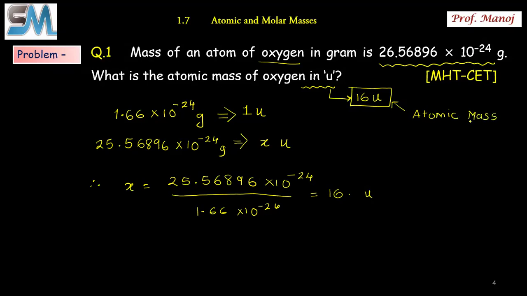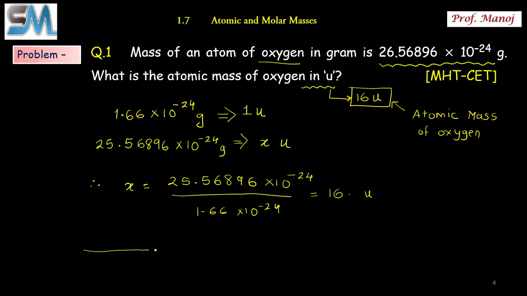So this is the atomic mass of oxygen we have calculated. We summarize once again. If the mass of an atom is given in gram, divide it by the constant 1.66 into 10 raised to minus 24. If you find that this division is going to be difficult for you, let me give a shortcut.